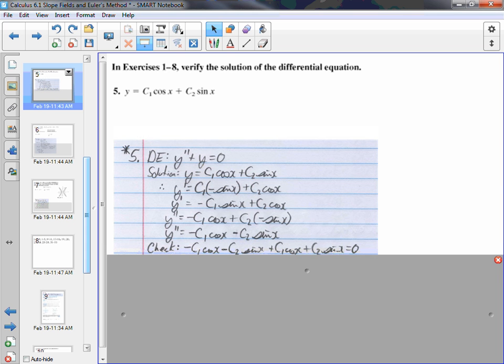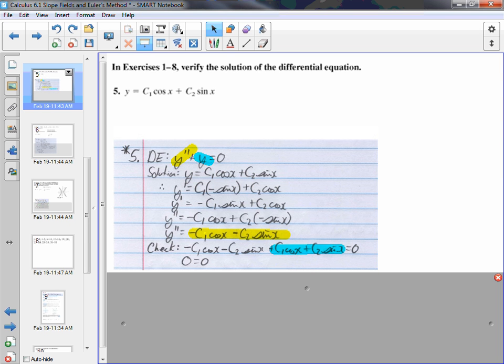Replace y double prime with negative c1 cosine of x minus c2 sine of x, plus replace y with c1 cosine of x plus c2 sine of x, equals the right side of our DE, 0.